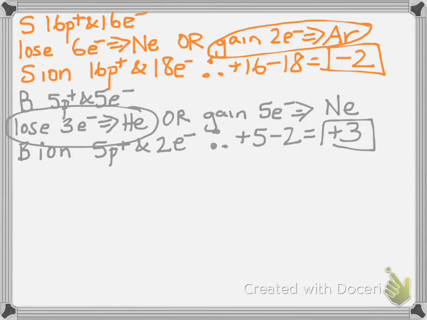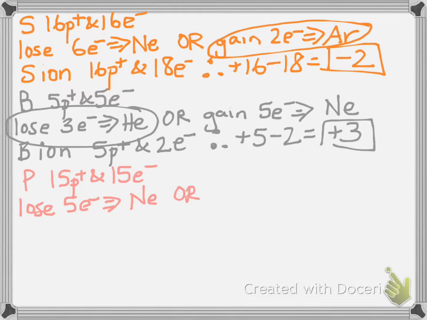And lastly, we have phosphorus. Phosphorus as an atom has 15 protons and 15 electrons. So its choices are it could lose 5 electrons to be like neon, or it can gain 3 electrons to be like argon.